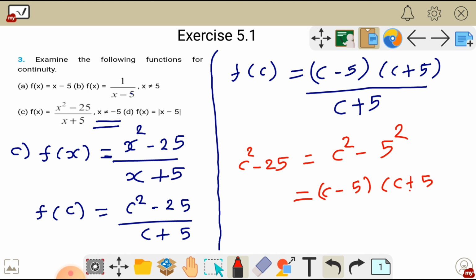Which identity have I used? I have used a square minus b square. You have learned this in class 8th or 9th. In both the classes we have learned this identity, and we have used it many times. So I have written C minus 5 and C plus 5.